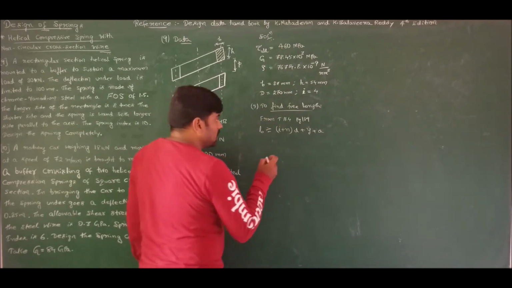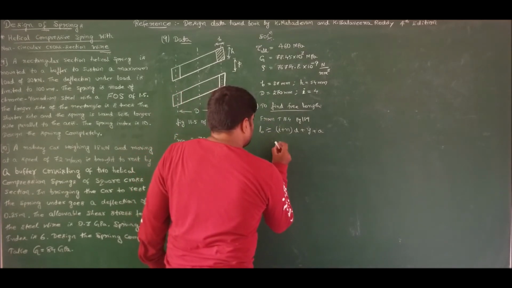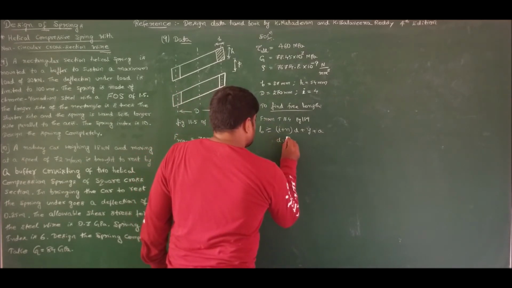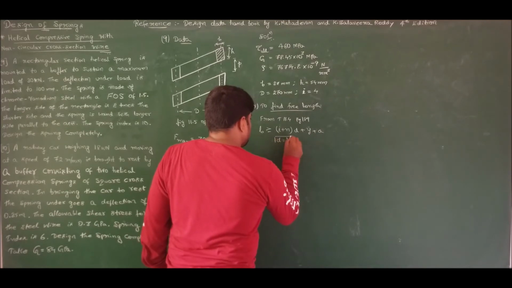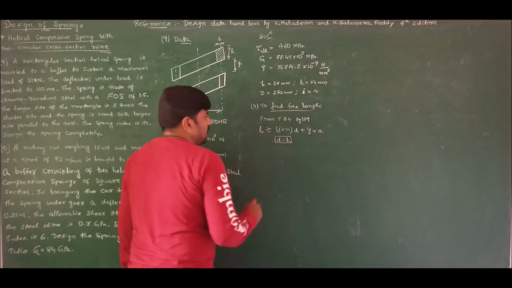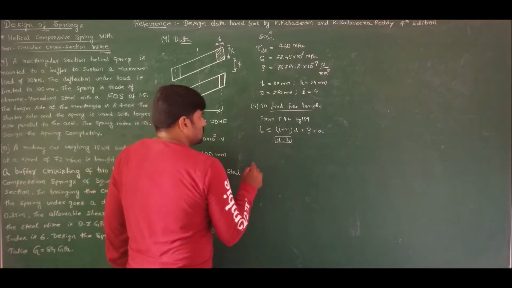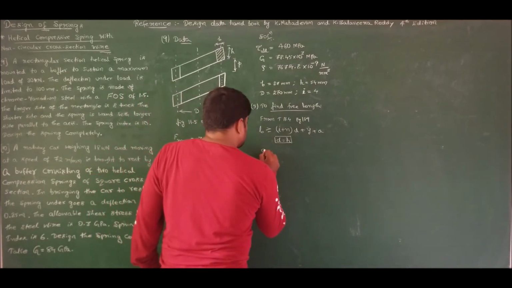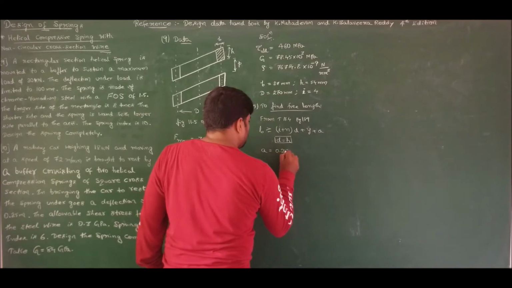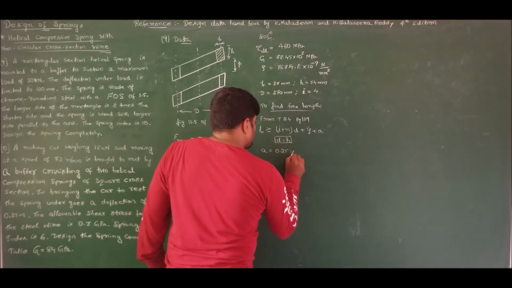For rectangular cross sectioned wire, instead of d, we should replace it by h while calculating the free length. And coming for a, that is clearance, is 0.25 of deflection.